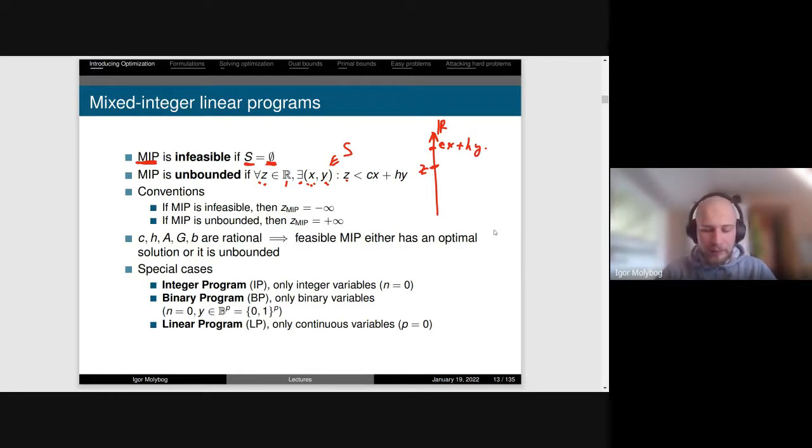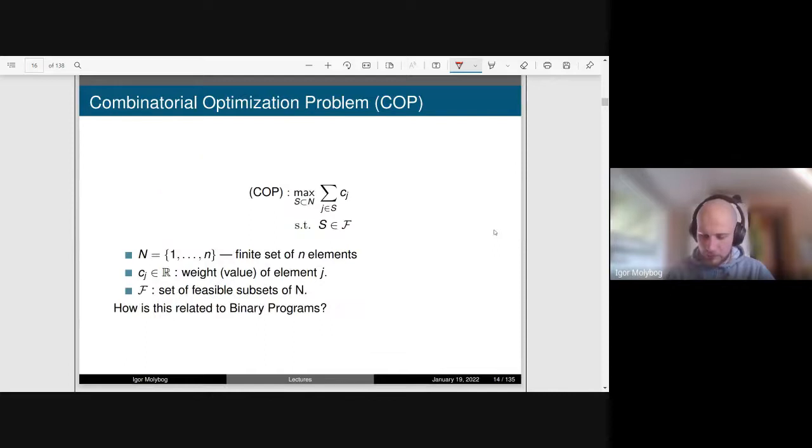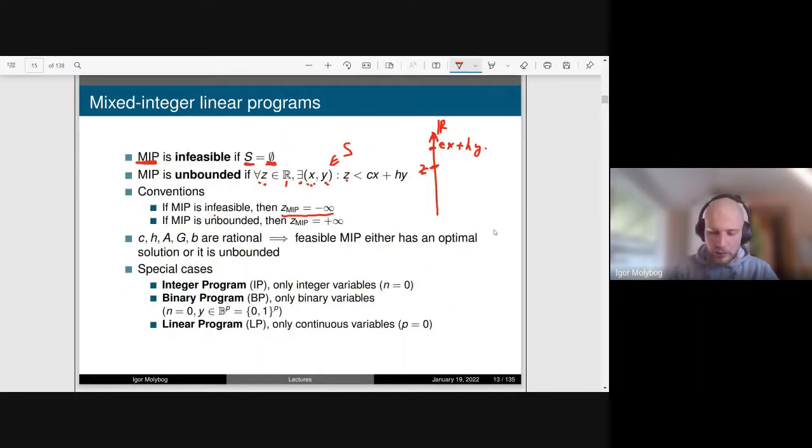If the mixed integer problem is infeasible, then we say that Z MIP is equal to minus infinity. Just to remind you, Z MIP, if it's feasible, is the value of the objective function at the optimal point, called the optimal value. So the optimal value for an infeasible problem is minus infinity.